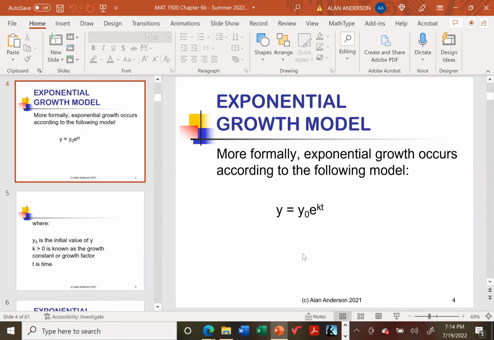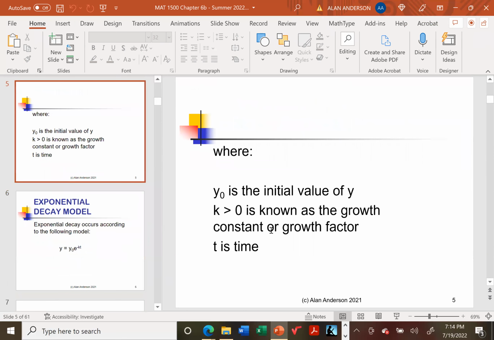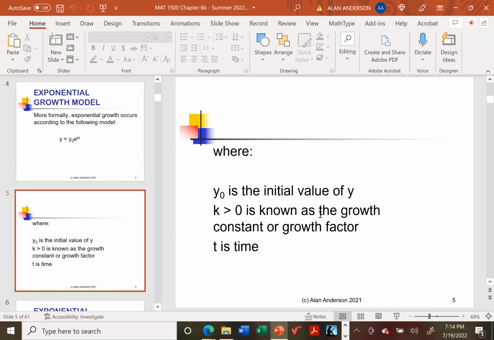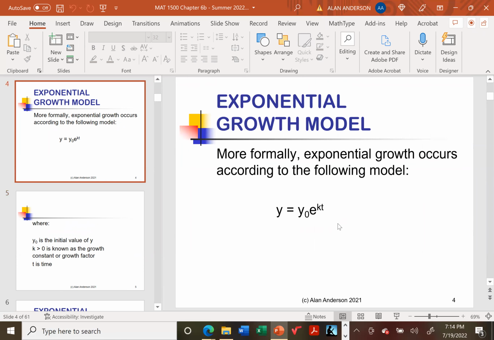Let's say, for example, if we're modeling bacteria growth, y0 would be the amount of bacteria initially present in your sample, and then k would represent the growth rate, which has to be non-negative. Otherwise, all of this is just a constant. There'd be no growth at all. And t is time. Okay, so k is the growth rate, t is time, that's the exponent for e, and then y0 is the initial value of whatever y happens to be.